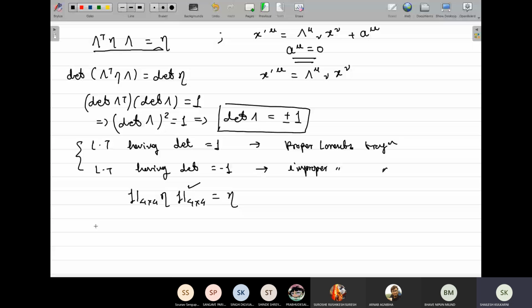If I start from identity and consider a frame which moves with velocity v1, then a frame which moves with velocity v2, and so on, I will get a succession of Lorentz transformations. All of them come from the identity.